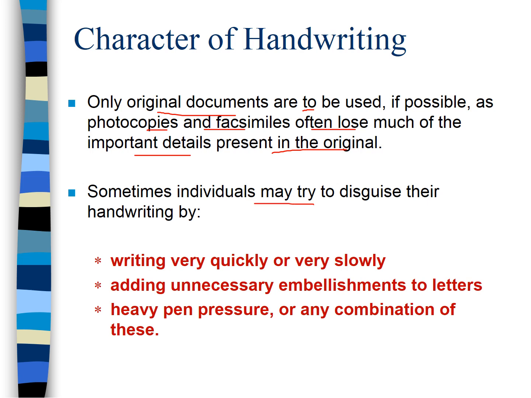Sometimes individuals may try to disguise their handwriting by writing very quickly or very slowly and adding unnecessary embellishment to letters and heavy pen pressure or any combination of these. So biasanya dokumen yang digunakan must be original document supaya untuk mengelakkan berlaku penipuan dari segi cara penulisan. Okay.